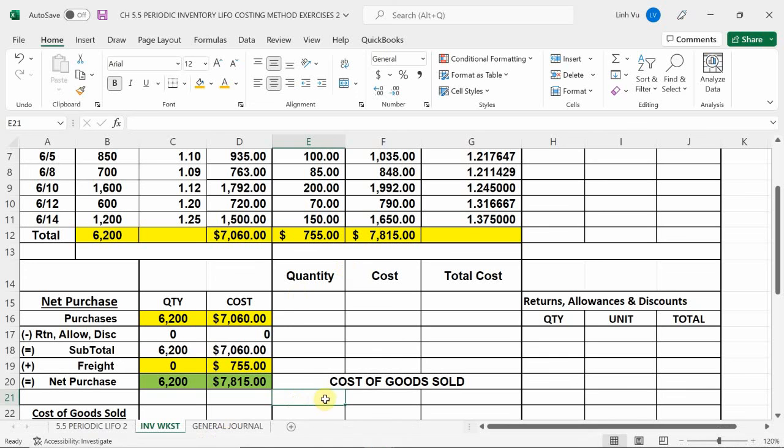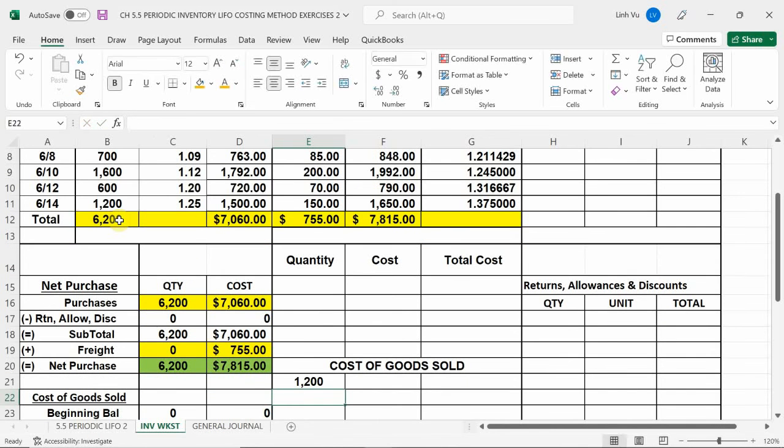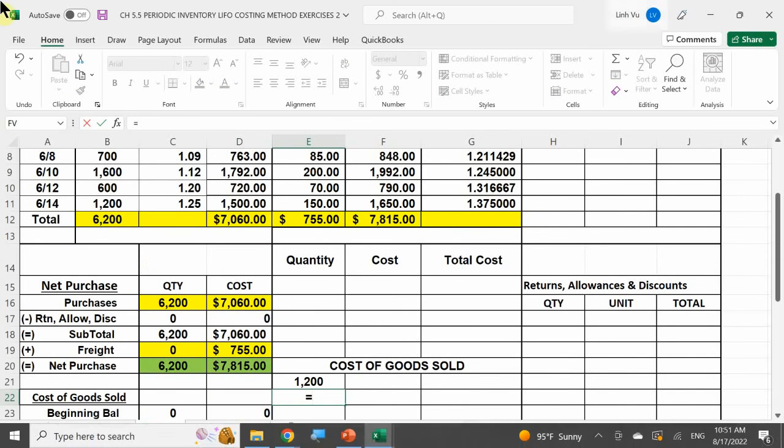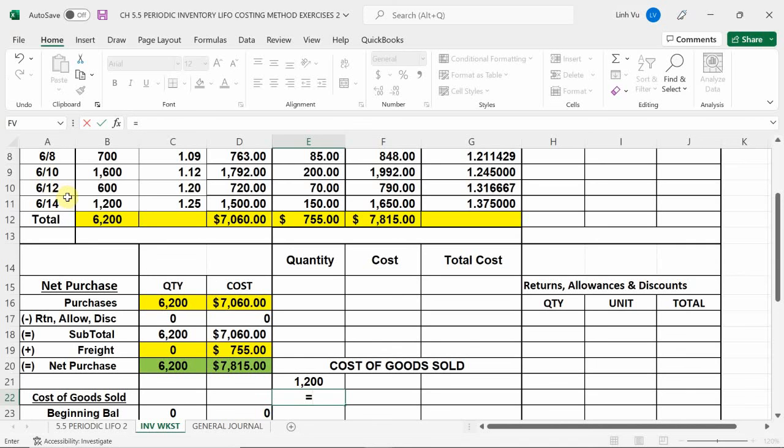614 at 1200. Okay. What else? Which one's $1.20?